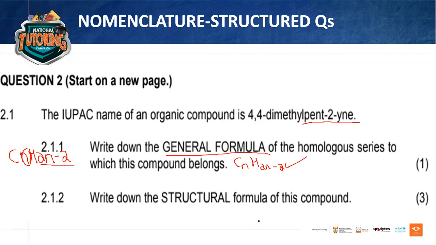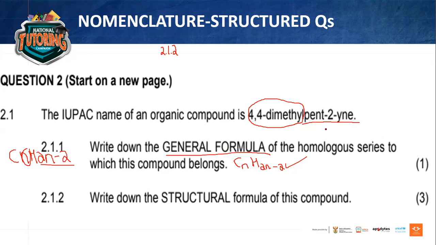2.1.2, write down the structural formula of this compound. My dear learners, drawing a structural formula is very easy because you just have to interpret what has been given in a name. Now, if you look at this name, firstly, underlined here is the parent chain, and what I have encircled there, we call the substituent.